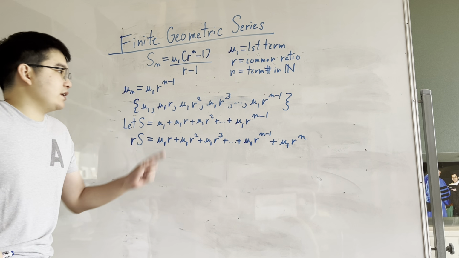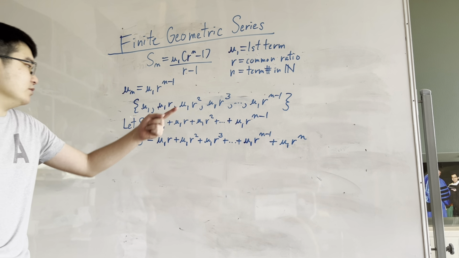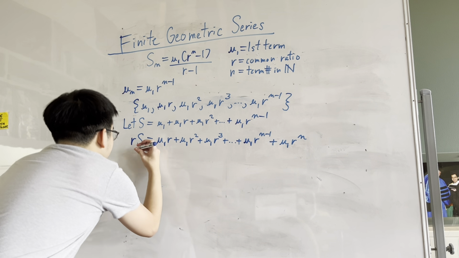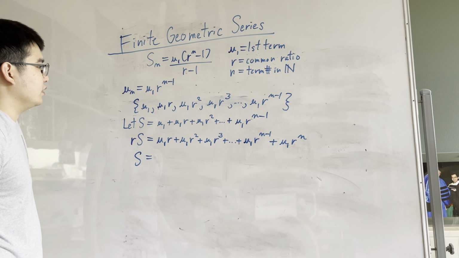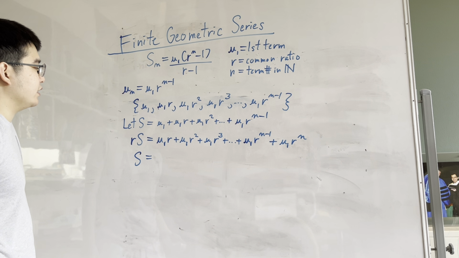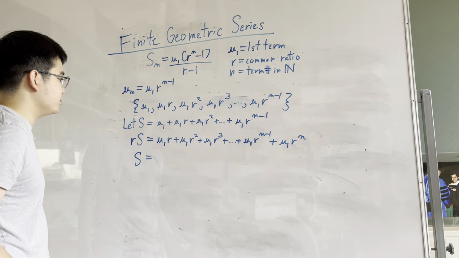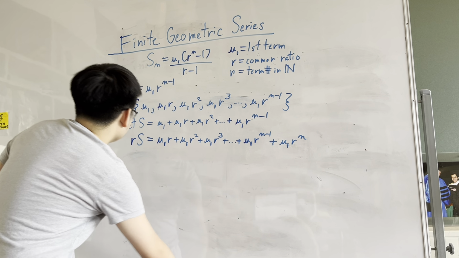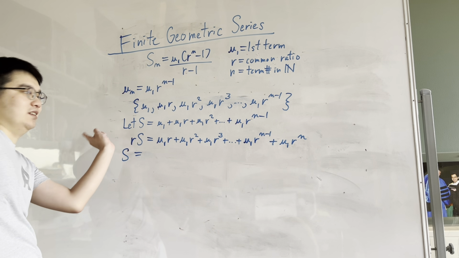Okay, and now it's better if I go and rewrite everything from top to bottom. So I'm just going to recreate this again. S equals, I just have to make sure that it's left to right. Bear with me, I have to write the equal sign a bit to the left of here.